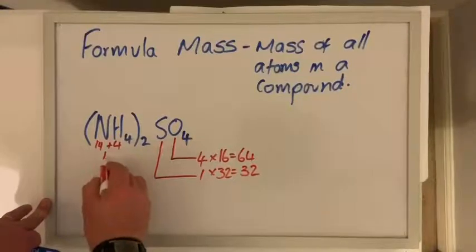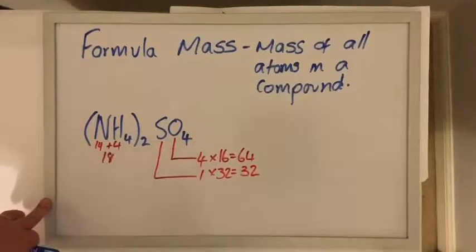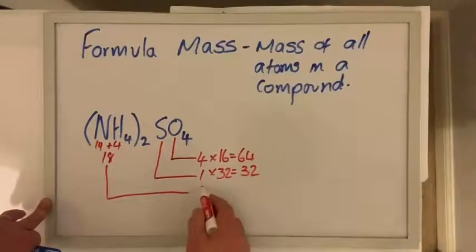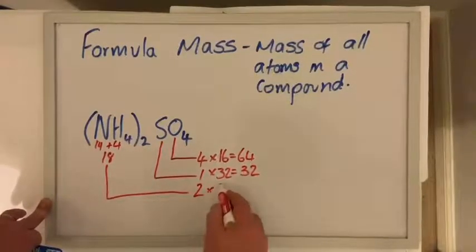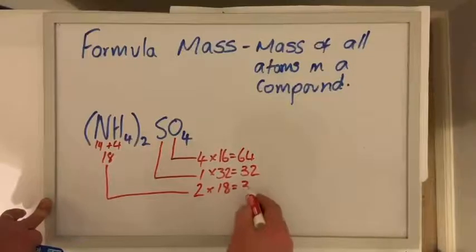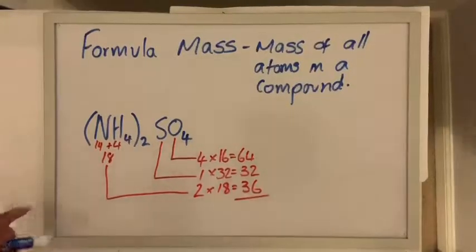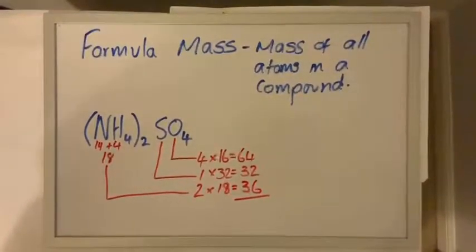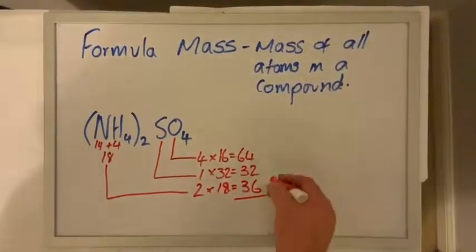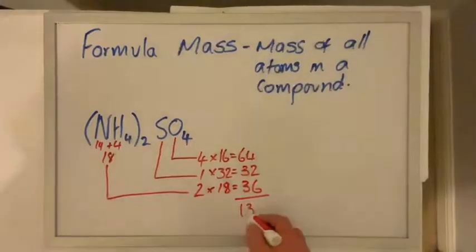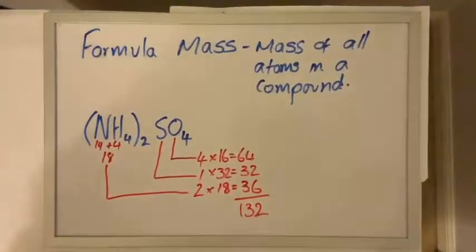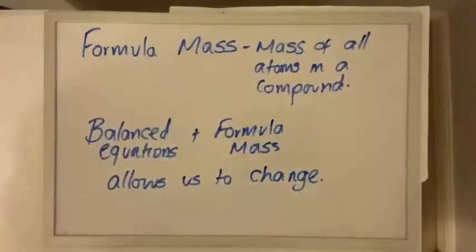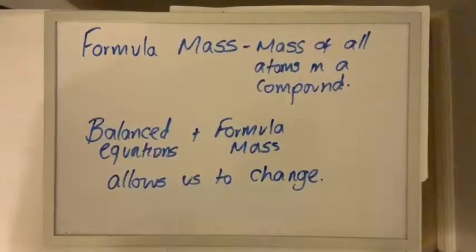So inside the brackets, we have 18. We know we've got 2 ammonium. This will give us an overall formula mass for ammonium sulfate of 132 atomic mass units.